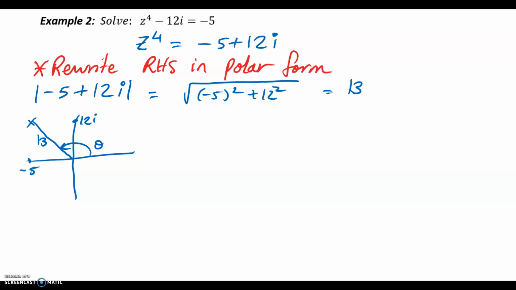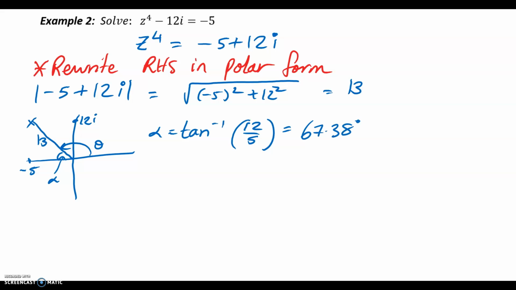Now we are going to use this angle here as our reference angle. So let's work out tan inverse of opposite over adjacent, which is 12 over 5. That gives me 67.38 degrees.